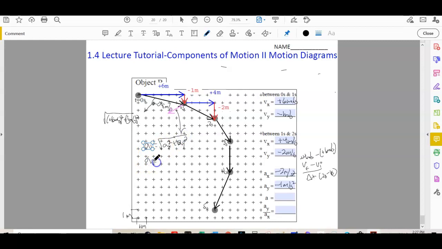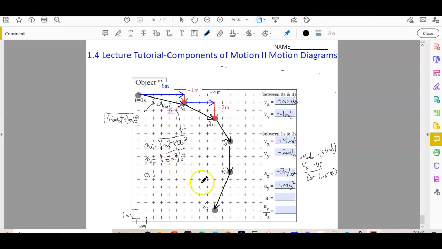So that acceleration is going to be, what is that? -2 squared plus -1 squared, so is that 5, square root of 5.